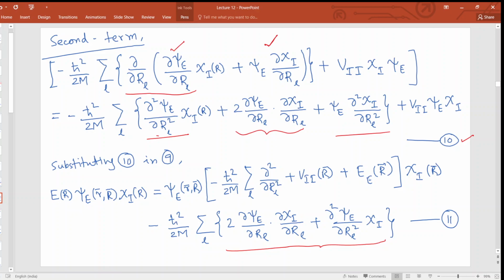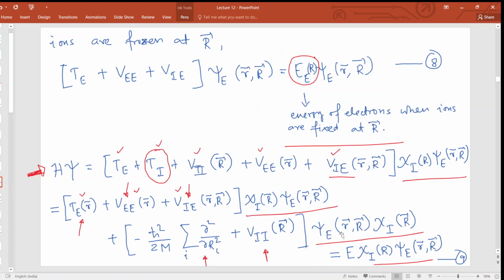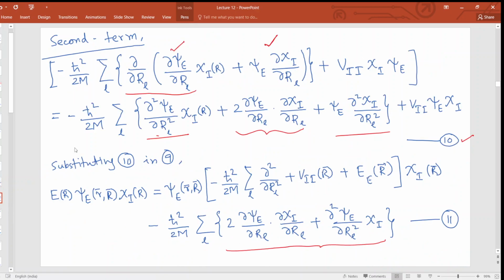We are expanding this. Here we have psi times chi, and then we take the derivative, del over del R_L, and you end up with this expression. Now you substitute this into the mother equation again, and you get this big equation. That is equation number 11.